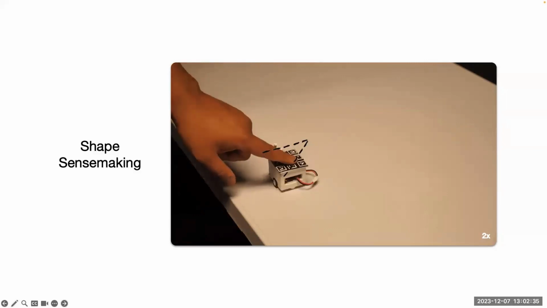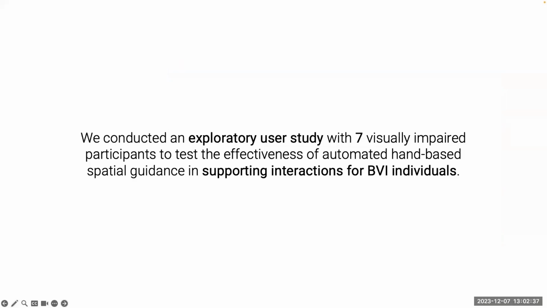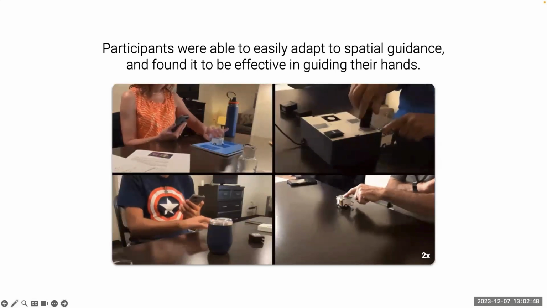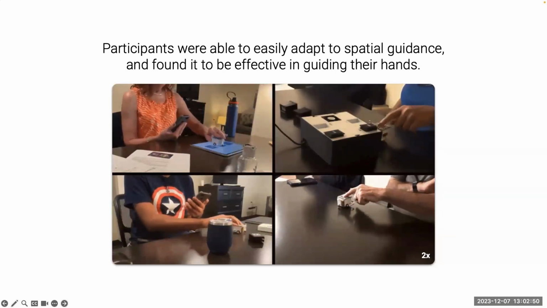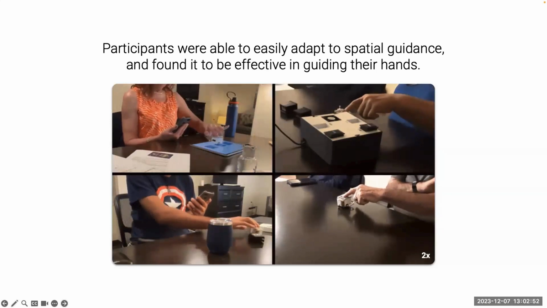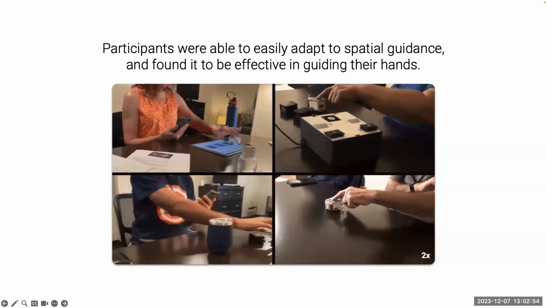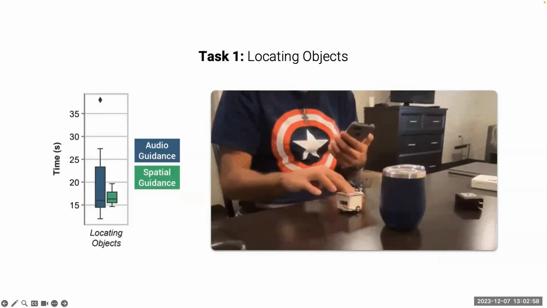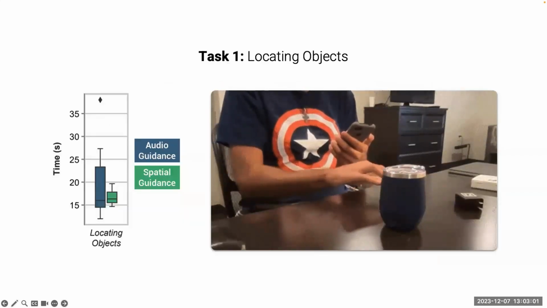So to understand if it really works and what kind of effect it has, we conducted a user study with 7 visually impaired and blind participants, and we used those 4 different scenarios to understand what they feel about it. And also we measured the completion time to see if it is effective at reducing the time for completing the tasks.